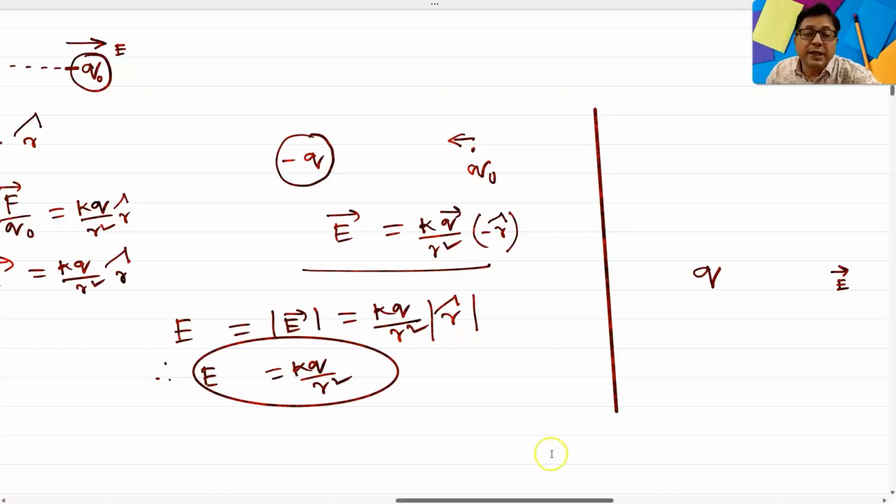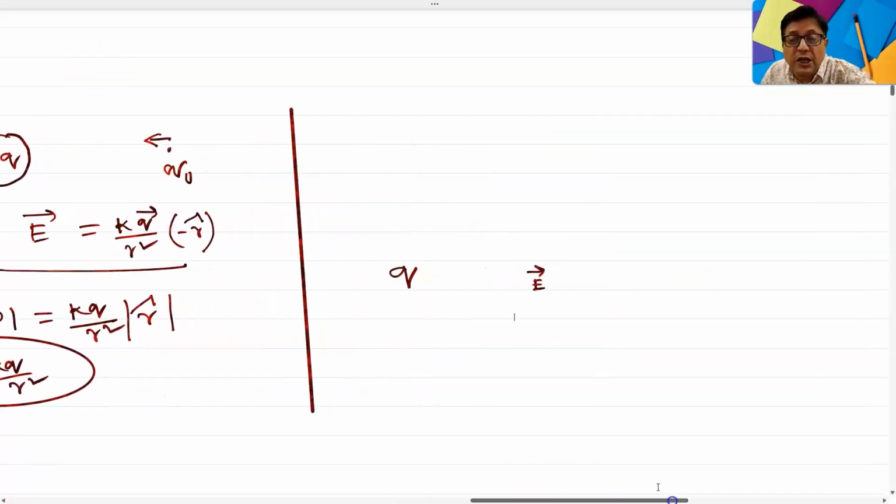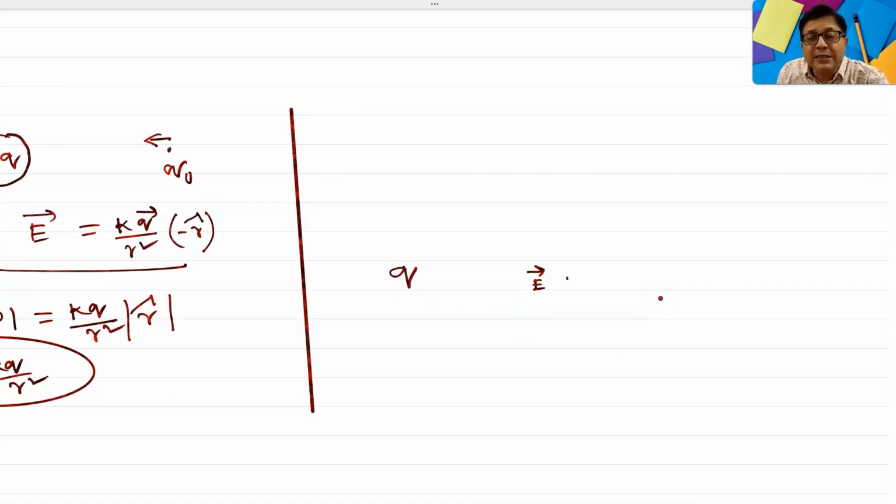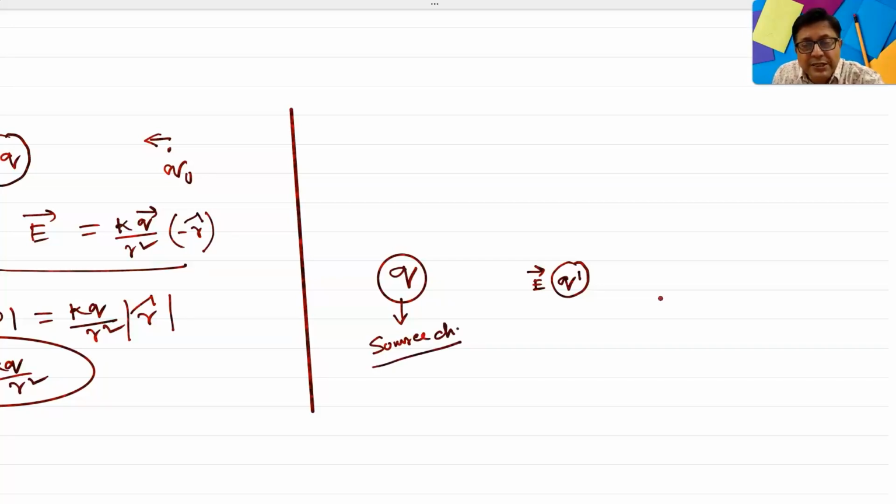Now a question is there, how much force will another charge Q dash experience when it enters the electric field of this source charge? Try to understand the problem. This source charge is there. This source charge creates electric field in its surrounding. The strength of electric field at a point is E.